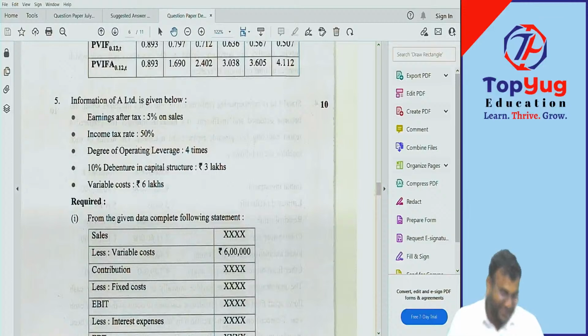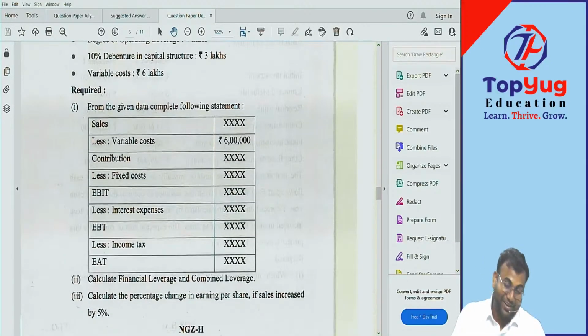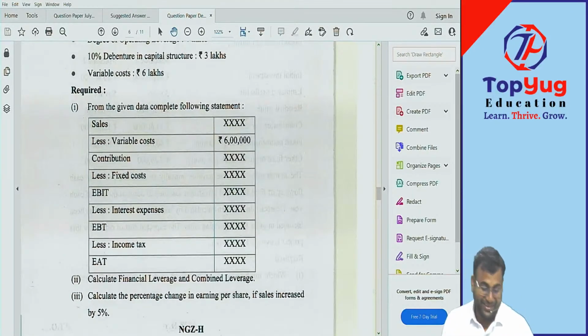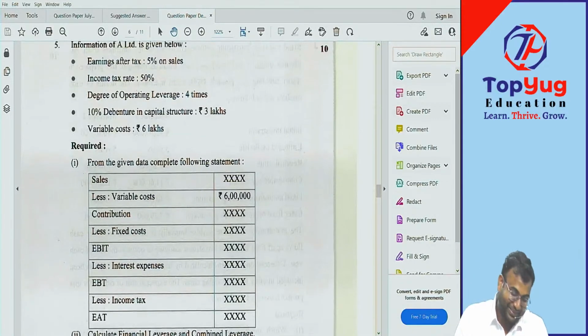Information of A Limited is given below. Earning after tax, EAT, is 5% of sales. So you should know sales. You will be able to find out. See the courtesy from the ICAI. He already gave you the table, so just fill it in right here, and your work is done. Staple the question paper with the answer sheet and hand it in.